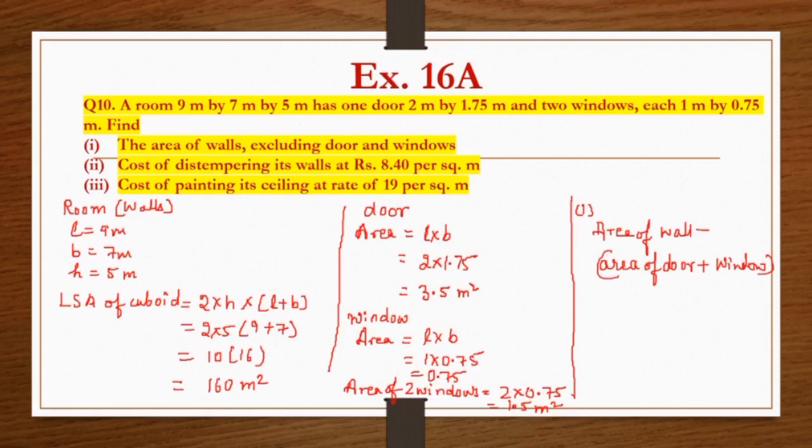Here we have area of wall is 160 minus, within a bracket, 3.5 plus 1.5. If you solve this too, 160 minus 5, so we have 155, the area of walls excluding the door and windows, and it is in meters square. Now come to next question.